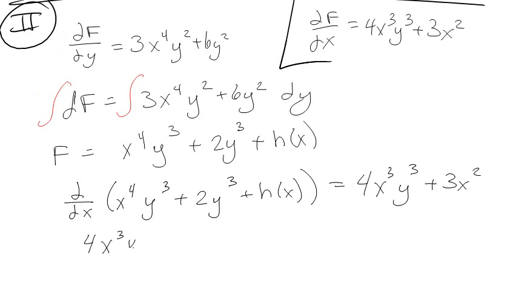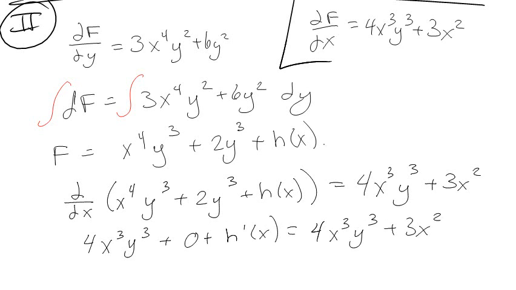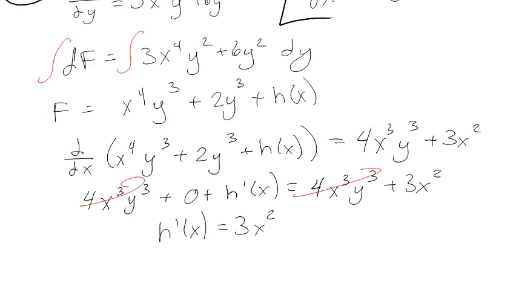I've got 4x cubed y cubed plus 0 because there's no x's there, plus h prime of x. That has to equal 4x cubed y cubed plus 3x squared. Now these are going to cancel out, which means that h prime of x has to equal 3x squared, which means that h of x has to equal x cubed plus c.